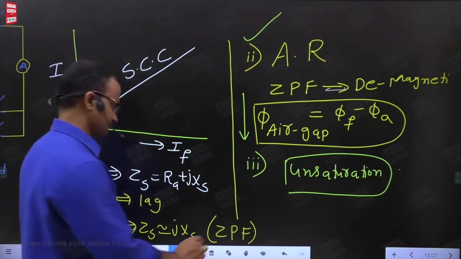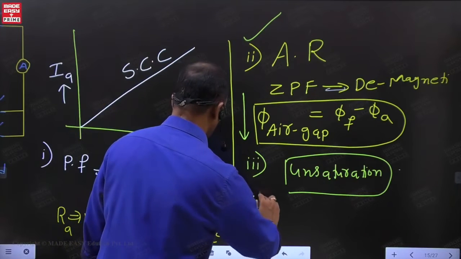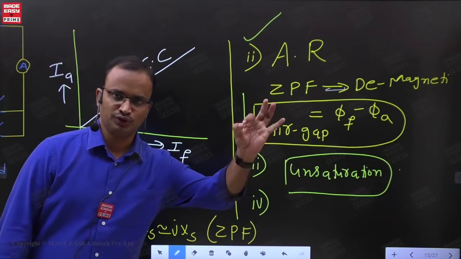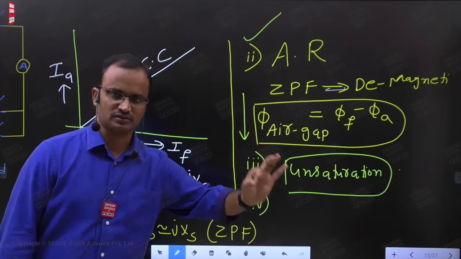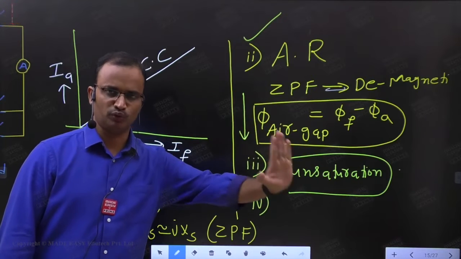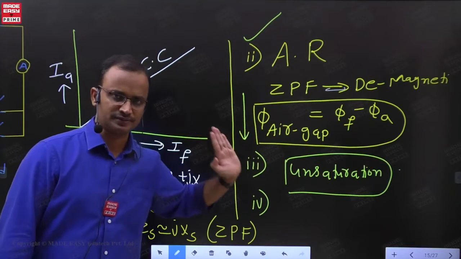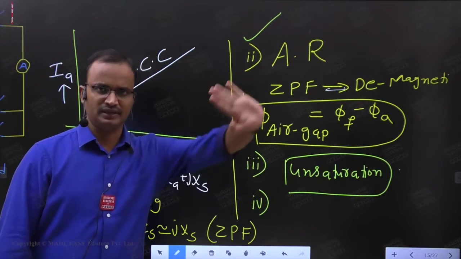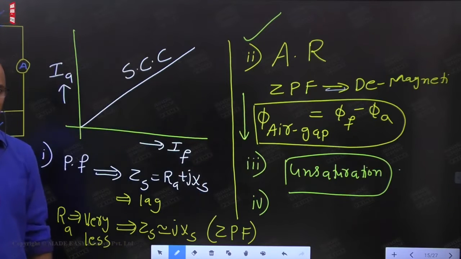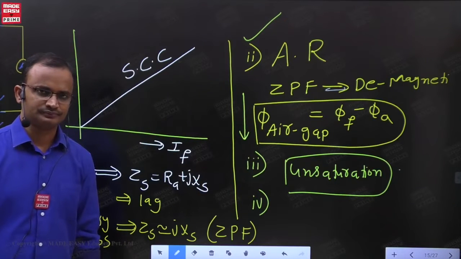Come to the last point. In reason-assertion questions, they give the statement that in the short circuit test, by knowing only one field current data and the corresponding armature current, the complete SCC can be developed. Now you have to say whether this statement is correct or incorrect.